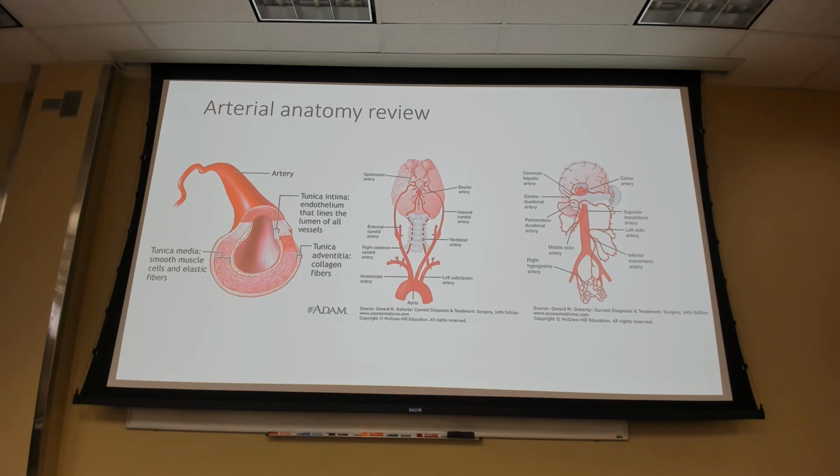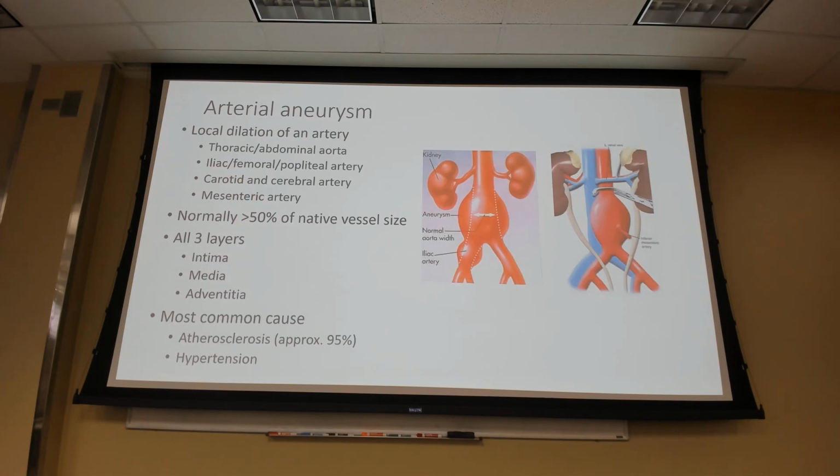So if we have any sort of insult on that, then we tend to have pretty bad sequelae. Typically we divide it into occlusive versus aneurysmal disease for the arteries. We'll talk about all of those shortly, but obstruction usually leads to ischemia and necrosis, and aneurysm leads to rupture and hemorrhage. So neither of them are ideal, and we'll talk about the conditions we see them in most frequently.